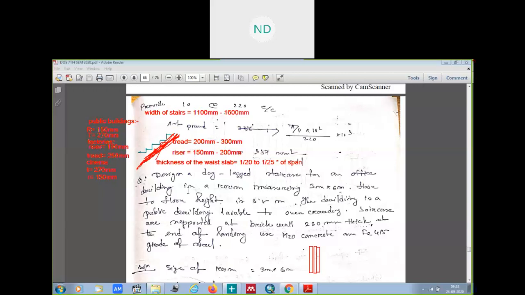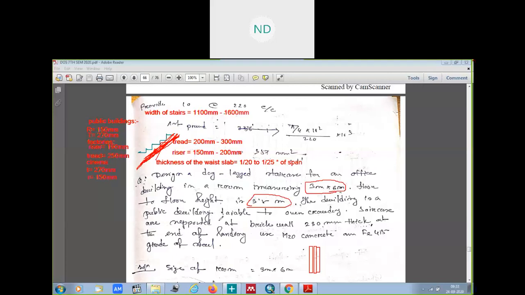Design a dog-legged stair for an office building in a room measuring 3 meter by 6 meter. Floor to floor height is 3.5 meter.